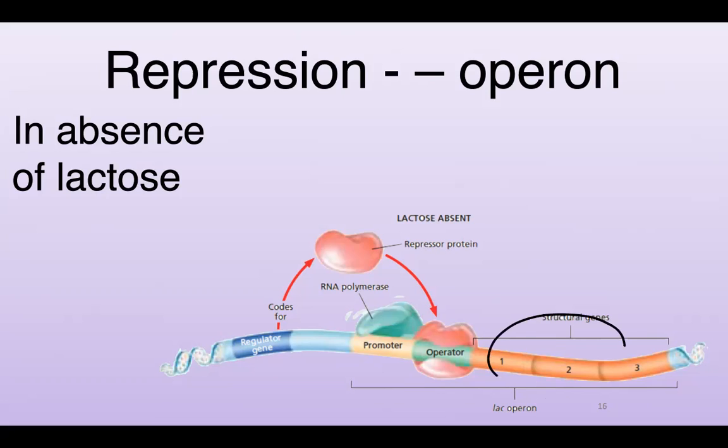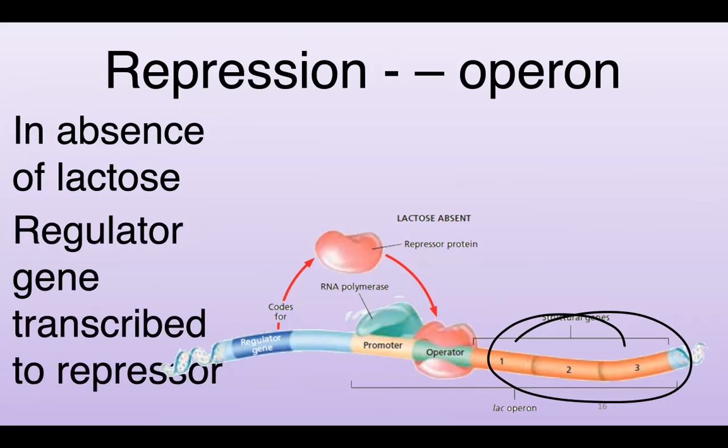So if these structural genes code for enzymes that break down lactose, if you don't have lactose, why would you transcribe the genes for enzymes that break down something that you don't have? This is the key to gene expression: understanding that you don't need lactose digesting enzymes if there is no lactose. So repression occurs when lactose is absent.